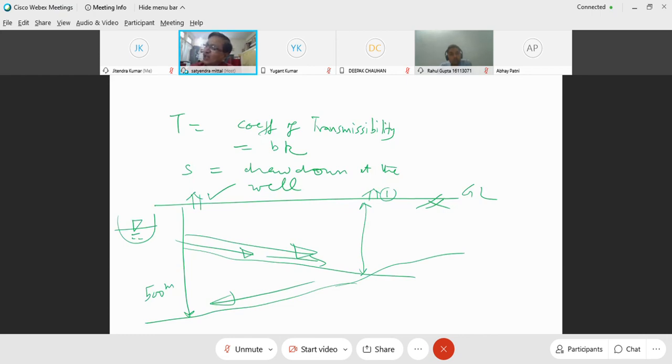Your soil may be porous here, but if the gravity flow is in a different direction, or it may be like this also, it depends whether the gradient is gradual or abrupt. Because water movement is based on what? Water movement is based on the voids, in which direction the voids are there.